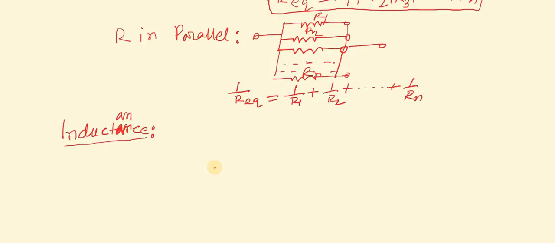So whenever current flows through any element, a magnetic flux is created and links through it. So that magnetic flux phi is proportional to current I, and if the conductor has N turns, then we can write N phi is equal to L into I. This L is called the inductance.